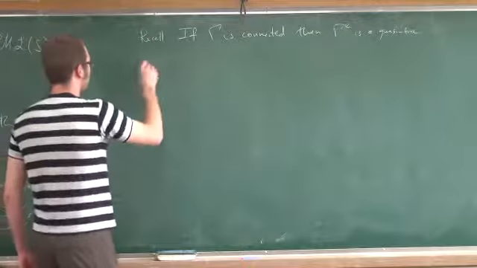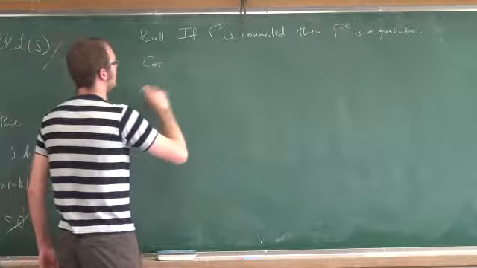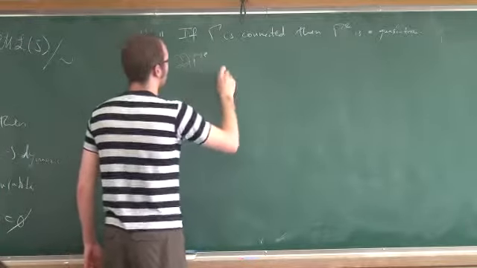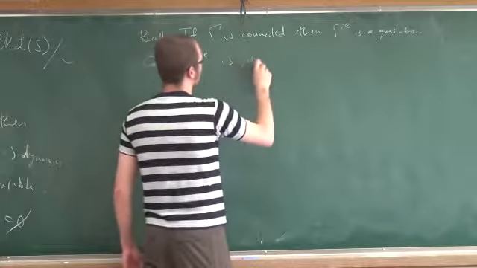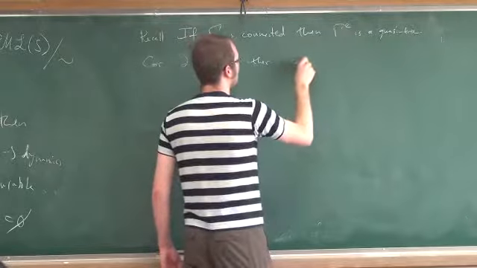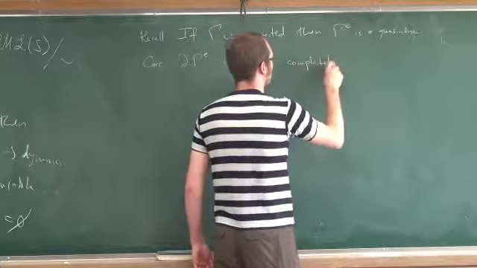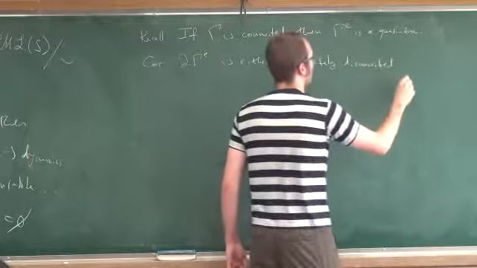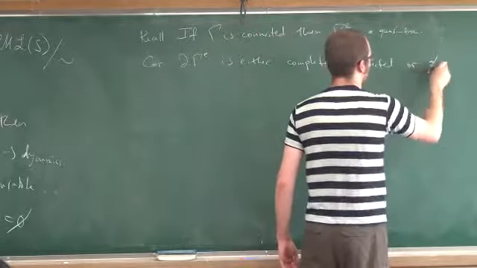And what follows from this is that the boundary of the extension graph is either completely disconnected or it's empty.